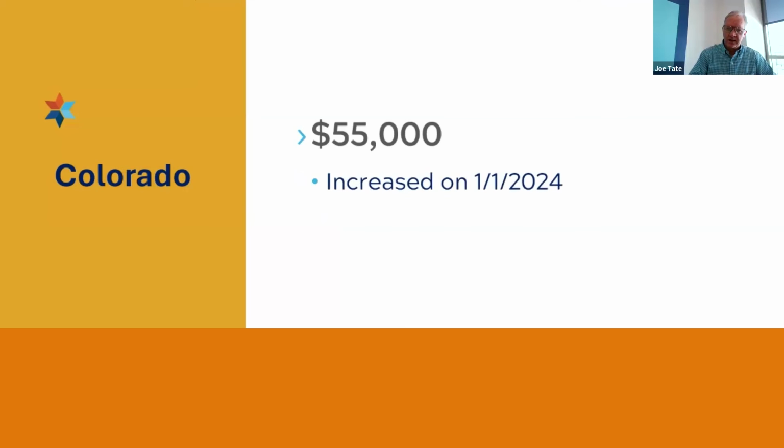Colorado has moved up to $55,000 even this year. And actually, I think the number was $54,998, but I think I rounded up to $55,000. In the state of Maine, the number is at $41,401, which could be surpassed by the federal level if we keep that number on July 1st.